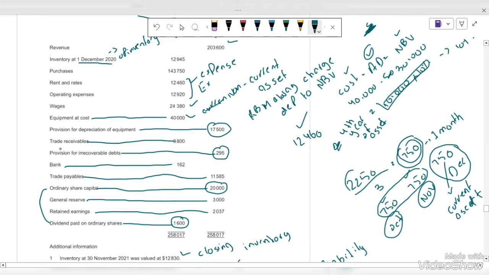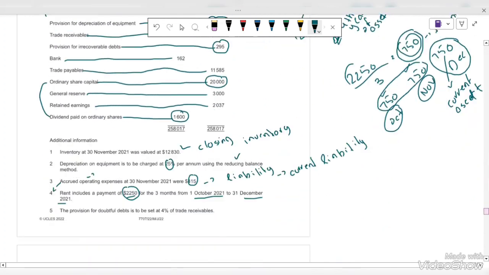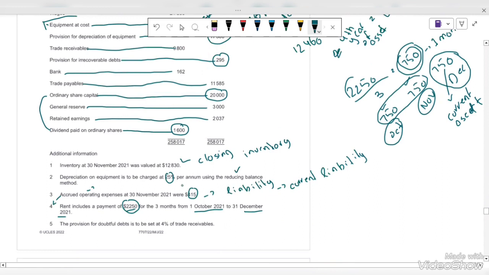So if you want to calculate the depreciation expense for this year, you will need to minus 7,500 from the 40,000. After that you will have your net book value, and you will apply this RBM rate, which is 25%, on the net book value.